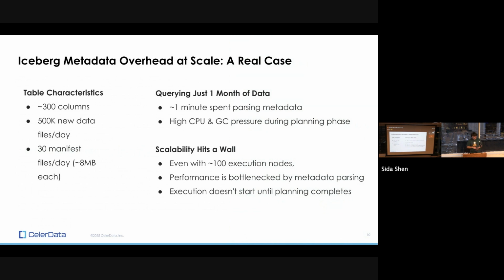Querying only 1 month of data, parsing metadata costs around a minute, with very high CPU and GC pressure during the planning phase on the coordinator node. Scalability also hit a wall, because even if they scale the cluster to 100-plus execution nodes, it doesn't help, because execution isn't the bottleneck. It is the query planning.